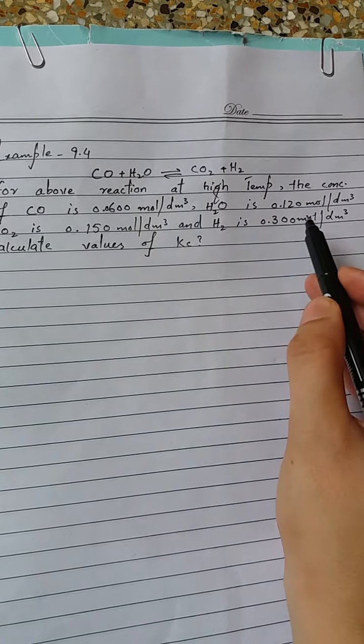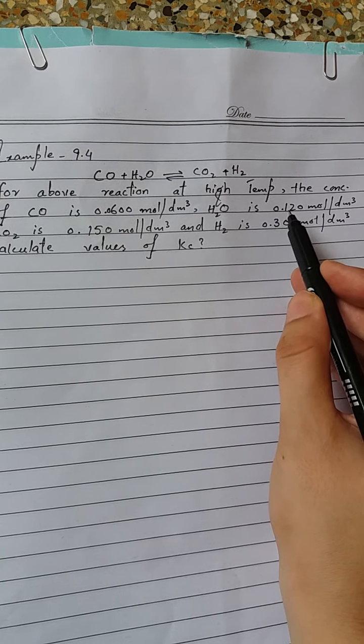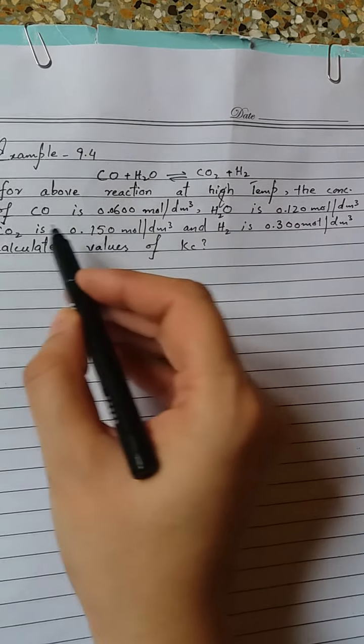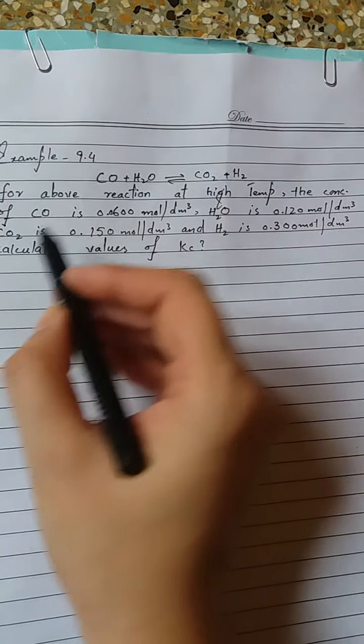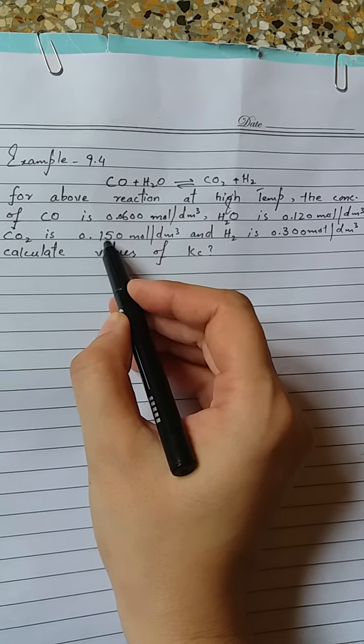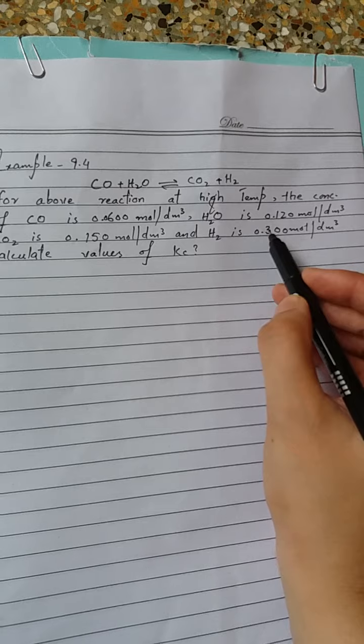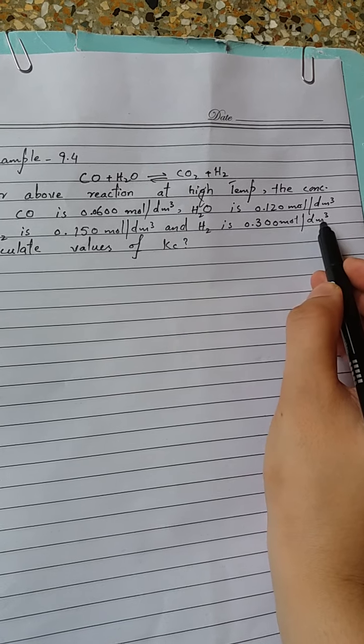Concentration of H2O is about 0.120 mole per decimeter cube, and concentration of CO2 is 0.150 mole per decimeter cube. Concentration of H2 is 0.300 mole per decimeter cube.